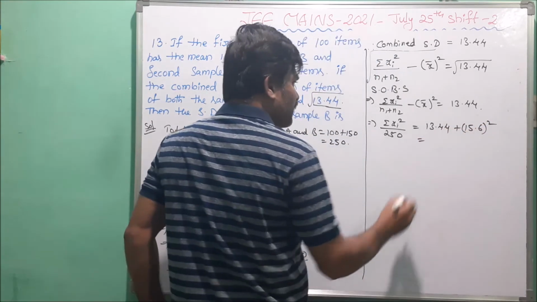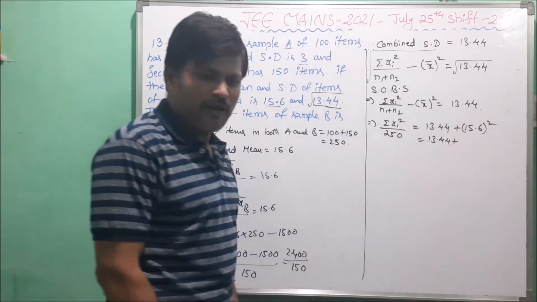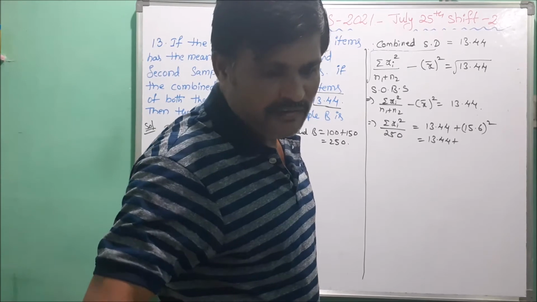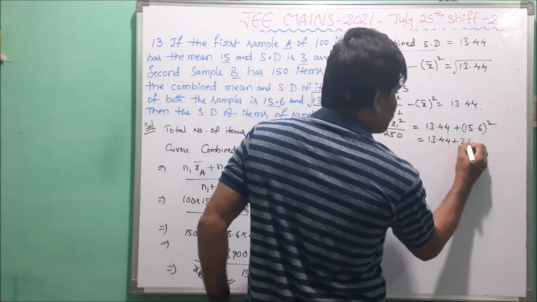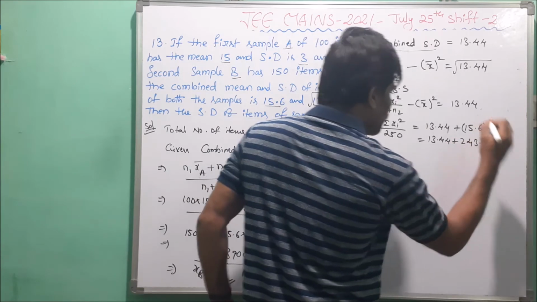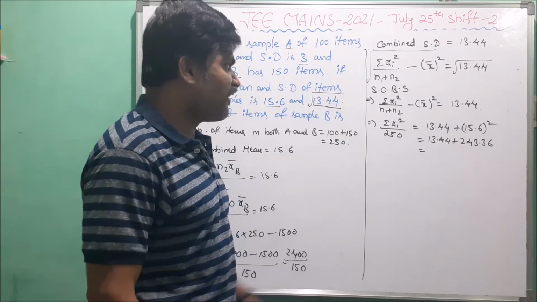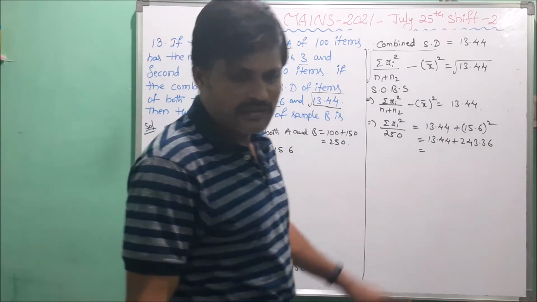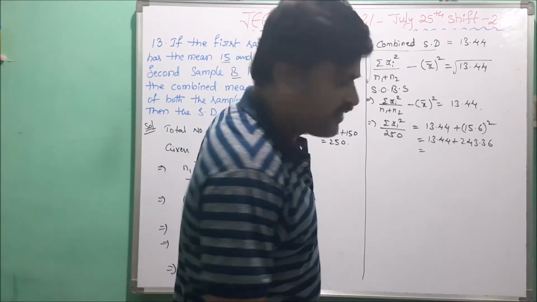Now simplify: 13.44 plus 15.6 whole square. That value is 243.36, and the sum of 243.36 and 13.44 is 256.8.